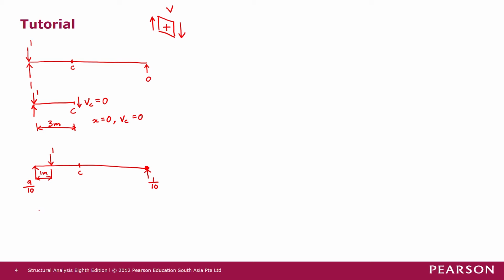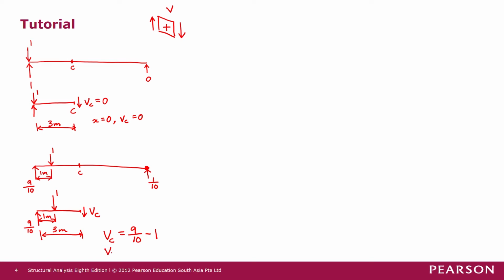Alright, so in this case, if you get the shear force at C here, which is 3 meters away, and then this reaction is 9 over 10, and then don't forget that we have 1 unit force here, which is at 1 meter away from point A. So in this case, if you use equilibrium to calculate the shear force VC, we'll get VC equals 9 over 10 minus 1.